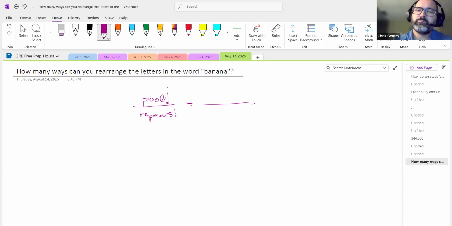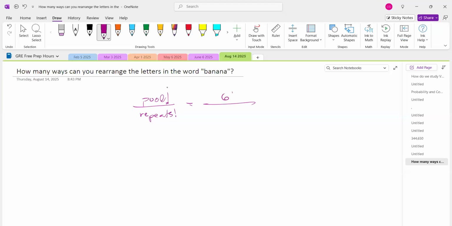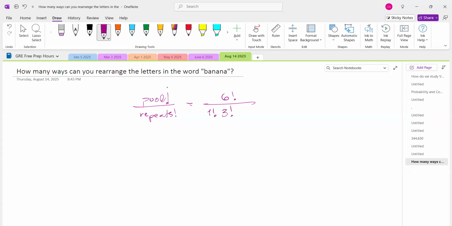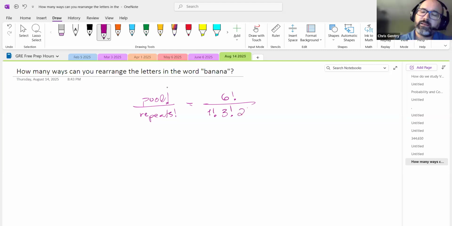How many letters do we have? 6. How many B's are there? 1. How many A's? 3. And how many N's? 2. Now last check to make sure we haven't made a silly mistake. Does 1 plus 3 plus 2 equal 6? And the answer is yes.